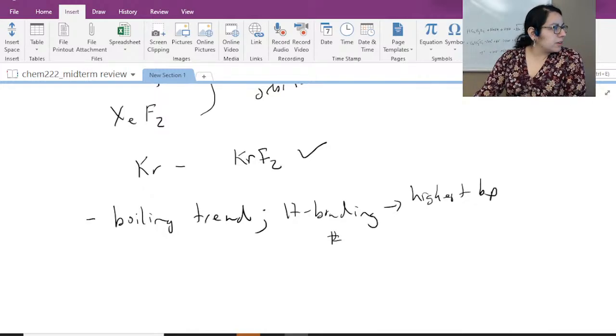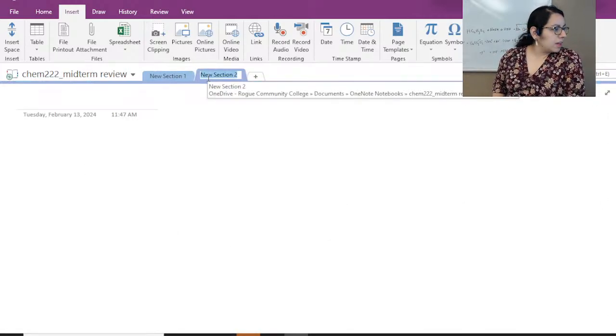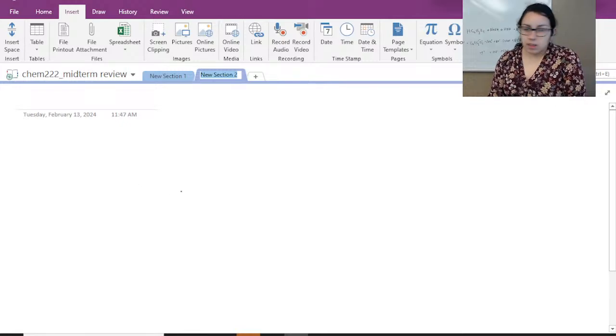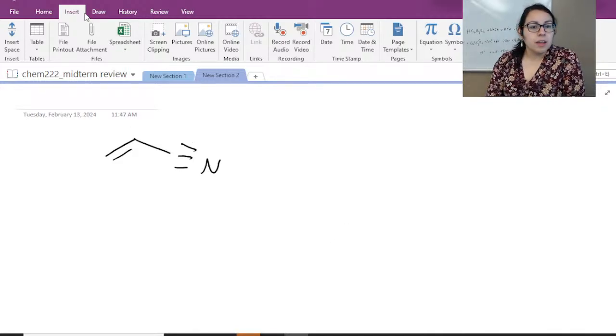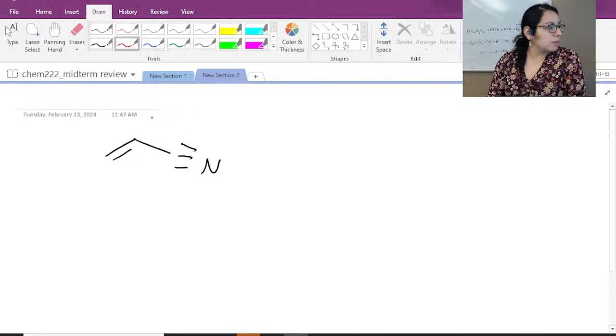So let's look at other types of problems. If we think back to the beginning of this year, we were doing structures and determining how many bonds and their hybridization. Let's label these carbon 1, 2, and 3.